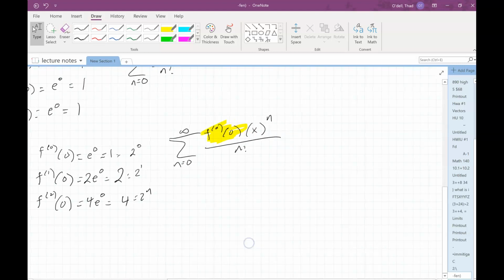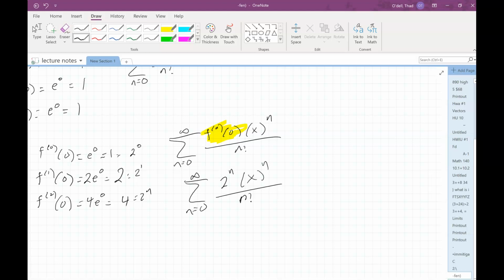So then we can rewrite this as my Maclaurin series for e to the 2x is going to be the sum of 2 to the n times x to the n all over n factorial. So this would be a Taylor series, a Maclaurin series, which is a Taylor series centered at 0, that you could use to evaluate e to the 2x.